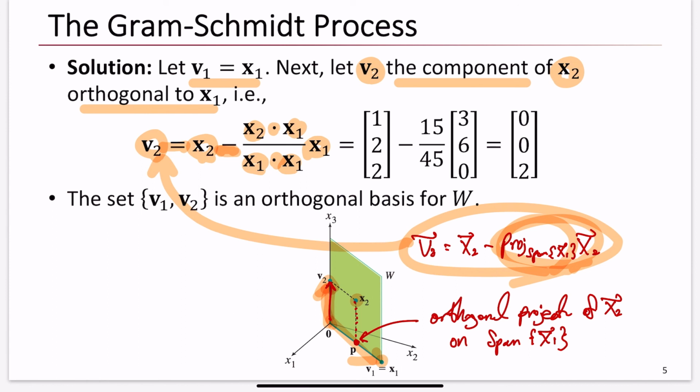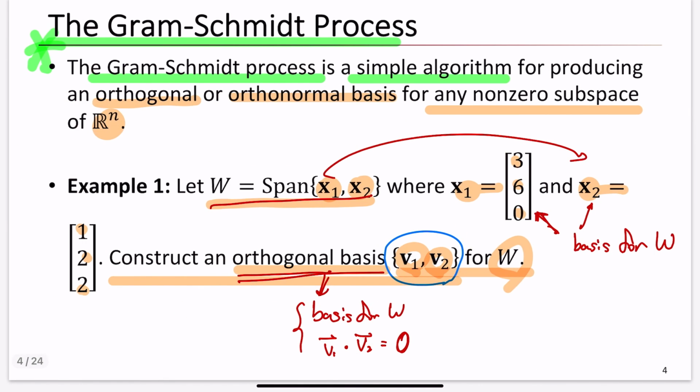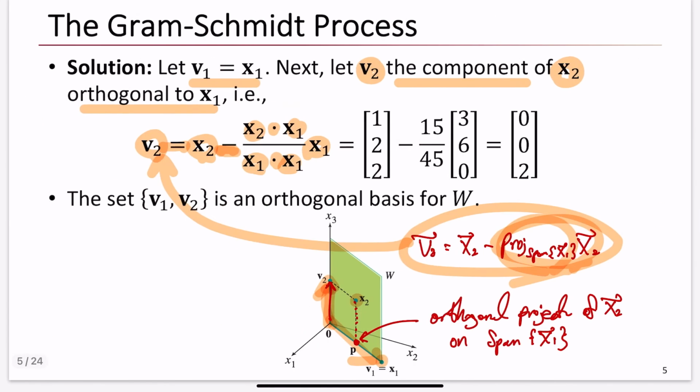We already know x1 and x2, so you can simply compute this equation: (1, 2, 2) minus 15 over 45 times (3, 6, 0), which is going to be (0, 0, 2).